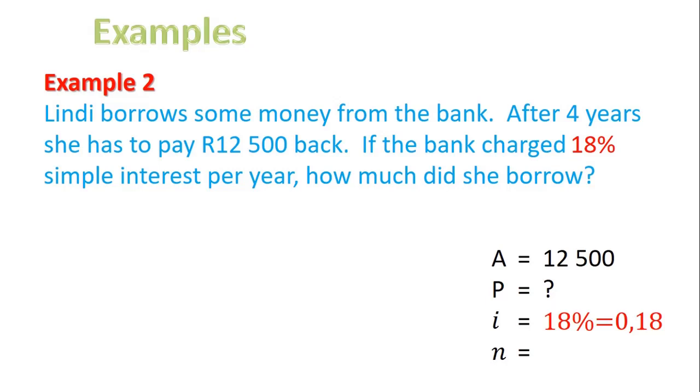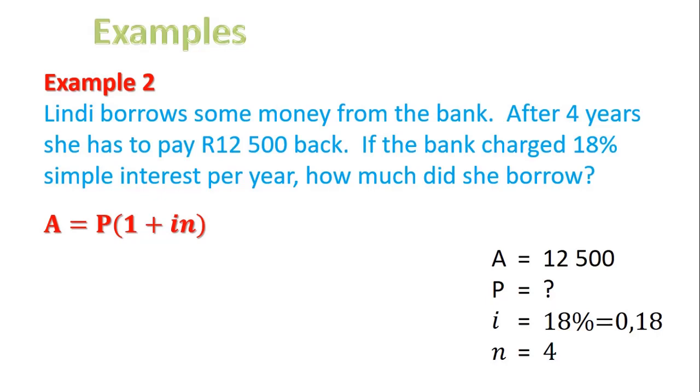Lastly, I need to look for my N. Can you see it? Hopefully you can see that it's after 4 years she has to pay back the money. So after 4 years, and next to N, we then write 4. Now we take our formula and we use it. A equals P(1 plus IN).